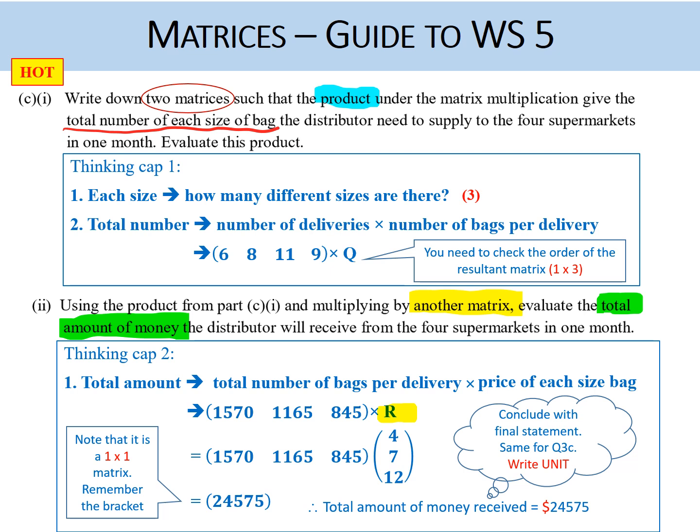So you may want to revisit question 3, part C. So with this, we have concluded the entire question 5. Not easy, so do encourage yourself to pause the video and listen over and over again until you have a better idea.